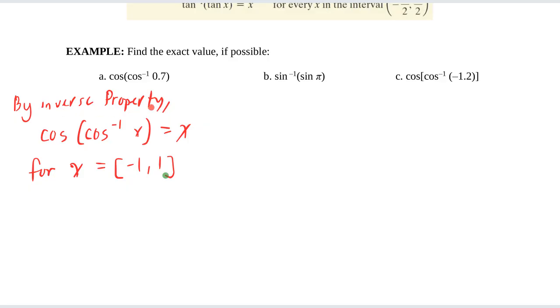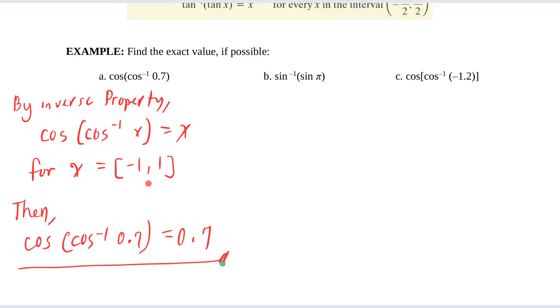I am using the inverse property, cosine of inverse cosine of x equals x for all values of x from -1 to 1. As we can see, the value for x here is 0.7, which is within this range. Then I can apply this property, so cosine of inverse cosine of 0.7 is equal to 0.7. There you go. Next part, we have here the inverse sine of sine theta.